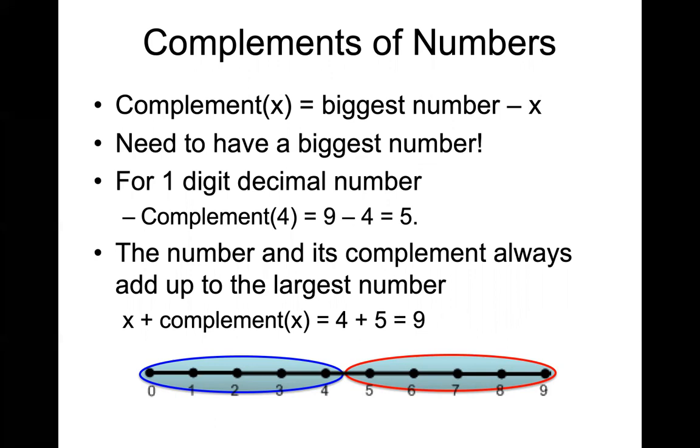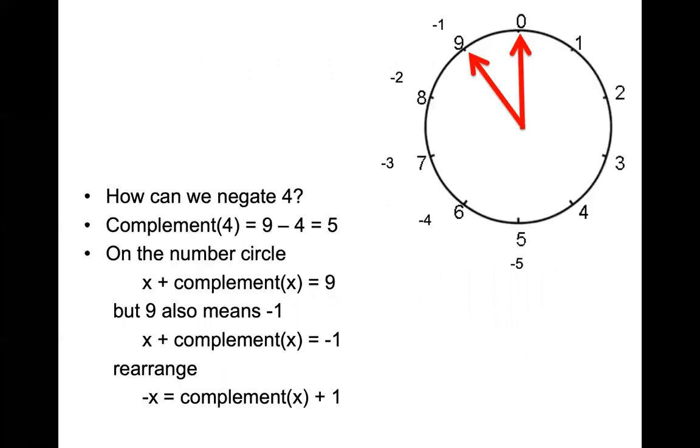And now we're going to look at a consequence of that, because what we want to do is learn how to find the negative of a number in the 2's complement number system. So if we have a number 4, how can we negate it? Well, let's remember from the previous slide that the complement of a number 4 equals the largest possible number minus the number, so that's 5.